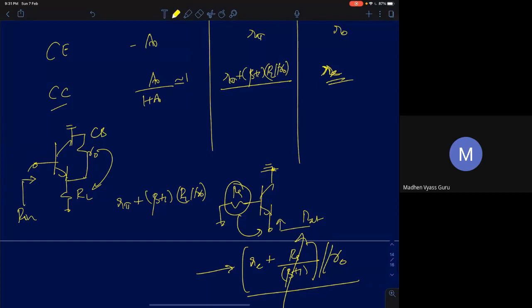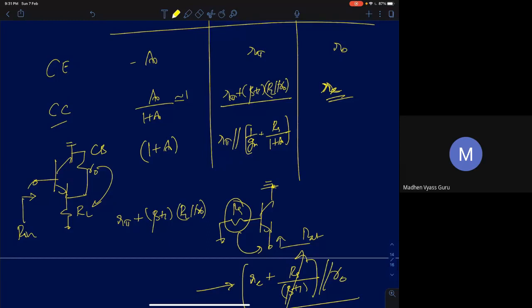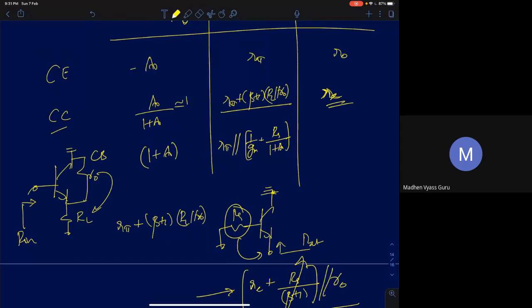Finally, for a common base, the intrinsic gain is 1 plus A naught, with A naught being GM R naught. Both the input and output resistances depend on it. The input resistance is very low for a common base. It will be R pi parallel 1 by GM plus Rs by (1 plus A naught). And the output resistance for the common base is very high.